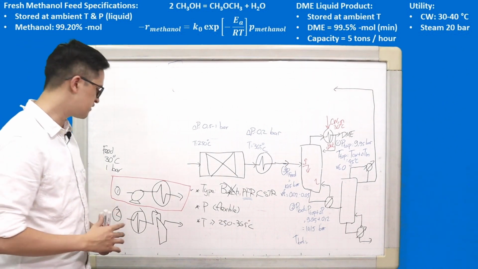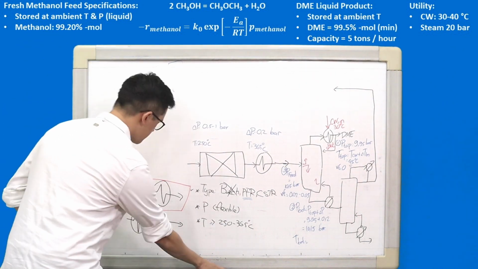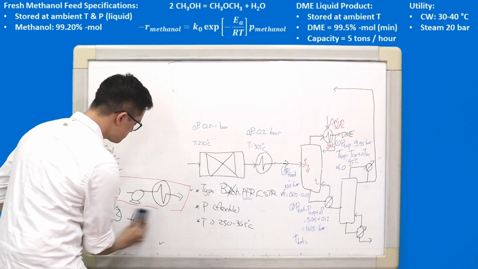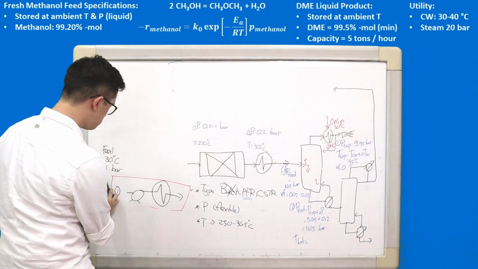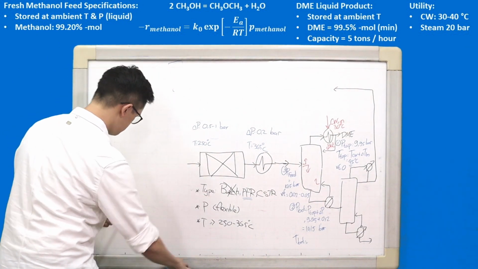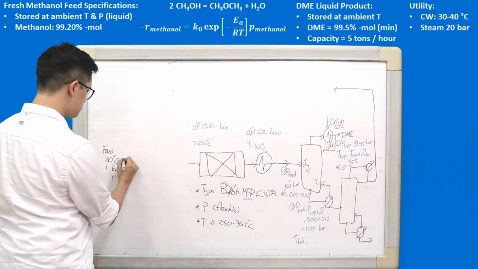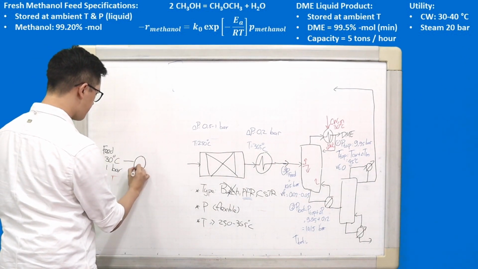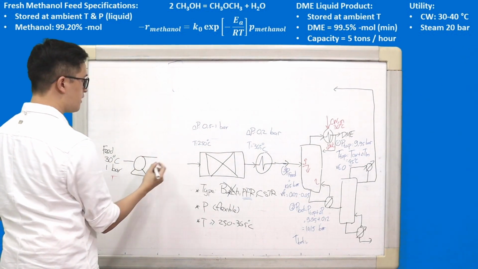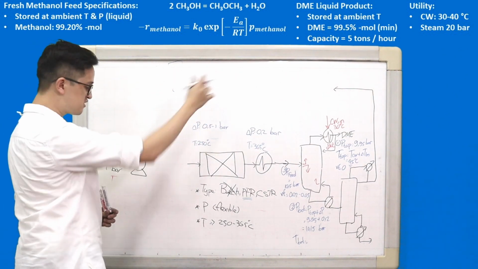So now I can delete my second option, and I put the selected configuration into my main flow sheet. I will have a pump, and then remember you have a recycle stream.